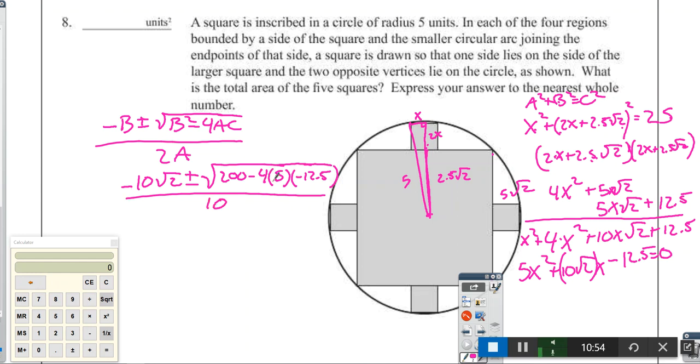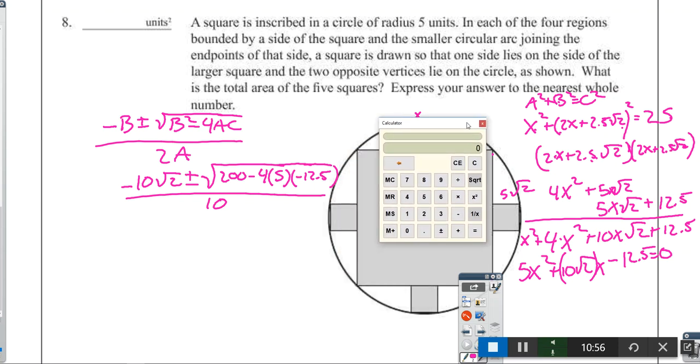So 5 times 4 is 20. 20 times 12.5 is 250. A negative times a negative is a positive. So we get 250 plus 200, so that is 450, plus or minus, and we have 10 root 2, and that's over 10. Ugh.